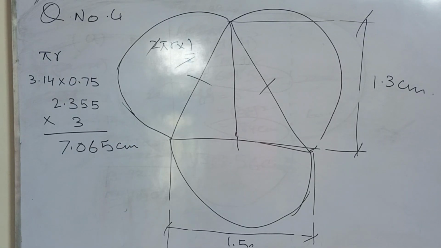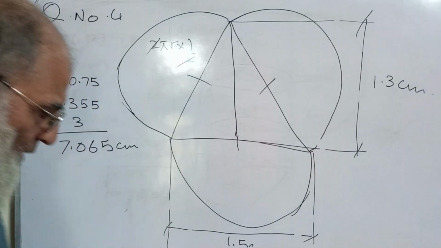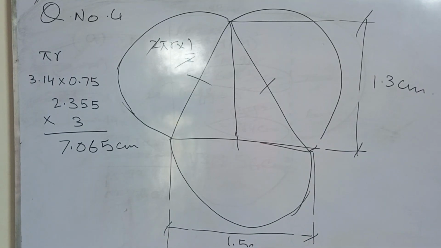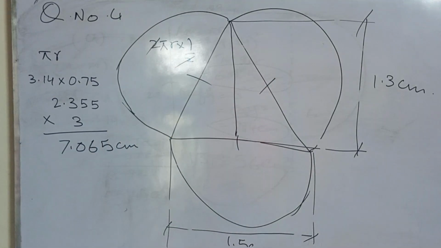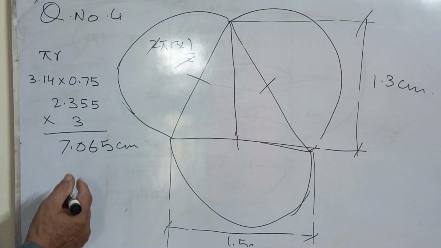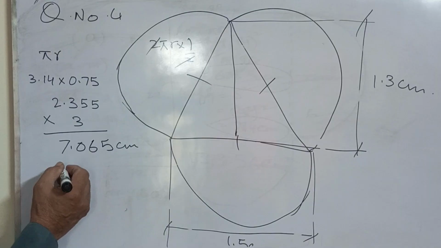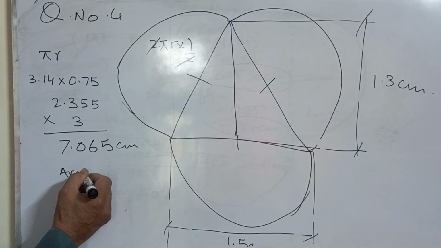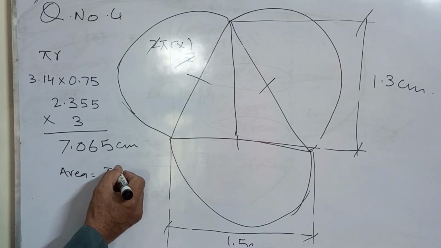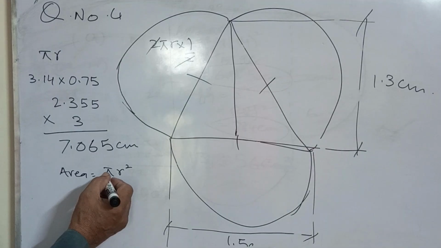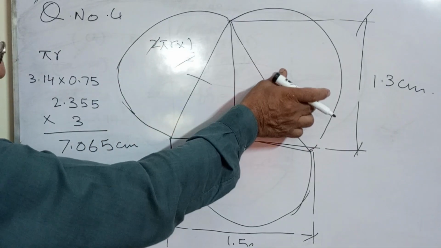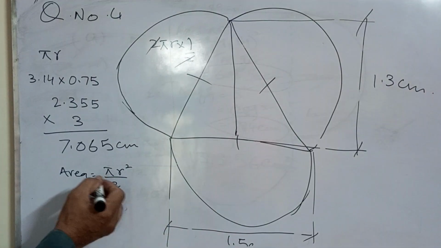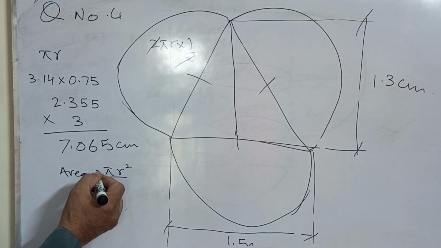Okay, now about the area. Let me find the area now. There are 3 half circles. The area of a half circle is pi r square divided by 2, since it is a half circle, and it will be multiplied by 3.